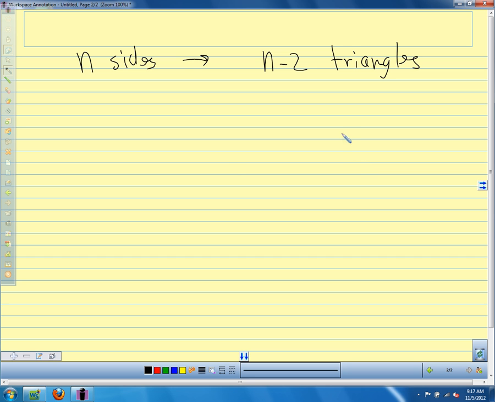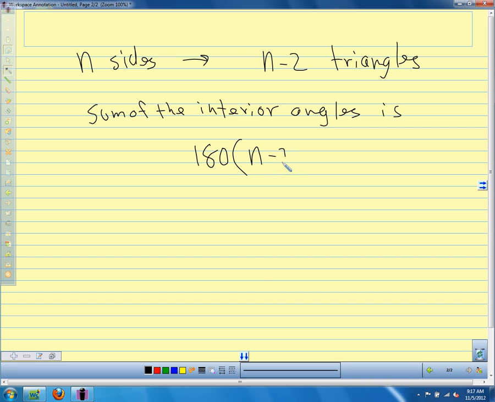And the angles, the sum of the interior angles, is 180 for each triangle times n minus 2 triangles, where n equals the number of sides.